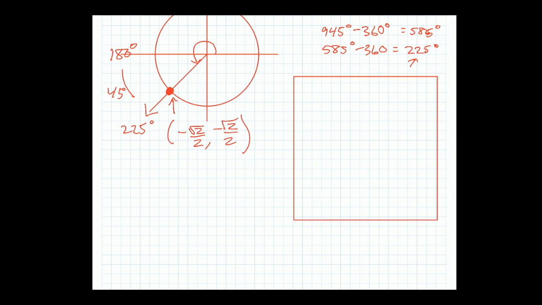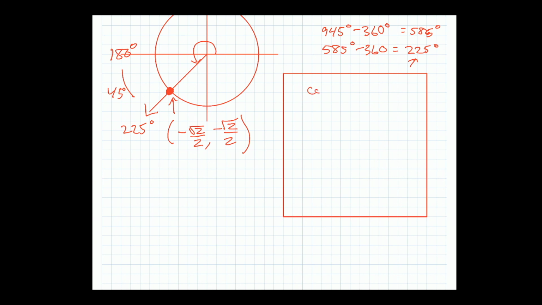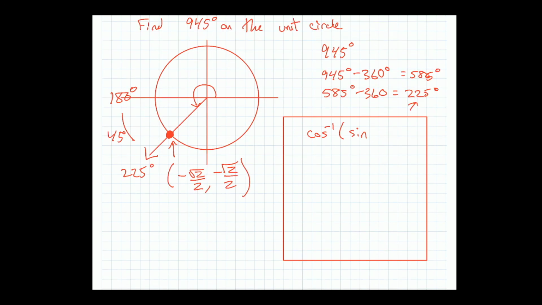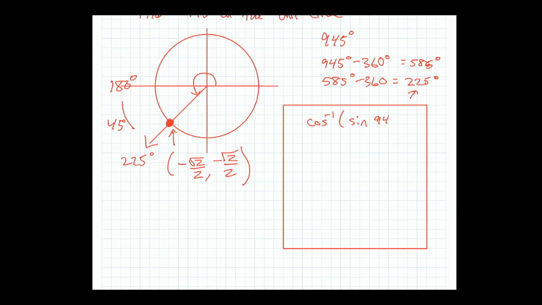We've got cosine inverse of sine, cosine inverse sine 945. Well, I just found out that that's cosine inverse of, well, what's the sine of 945? The sine is the y value. So it's negative square root 2 over 2. And then I have cosine inverse of negative square root 2 over 2.